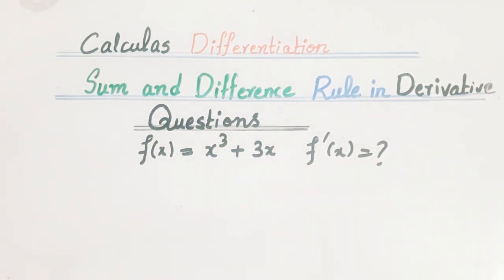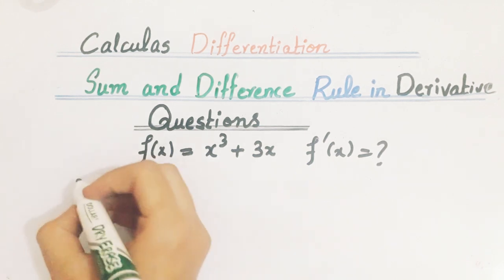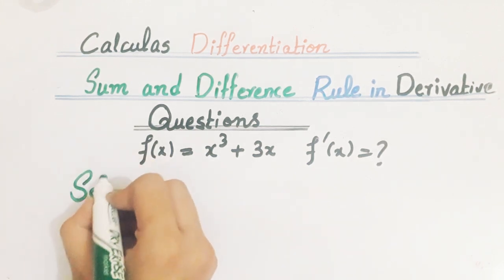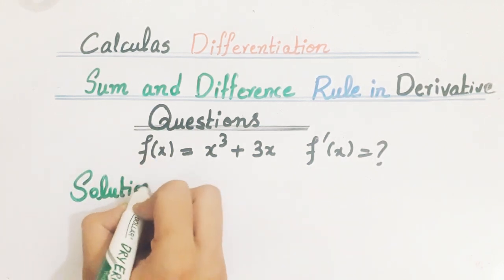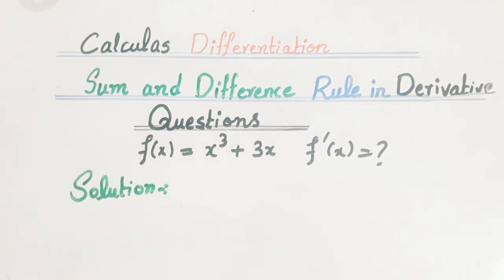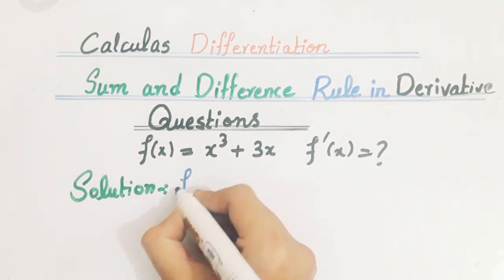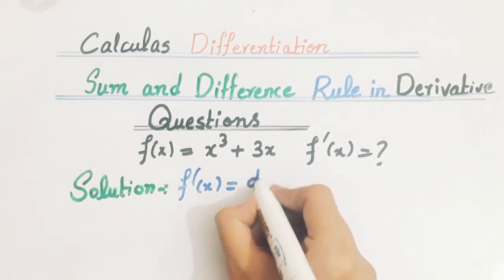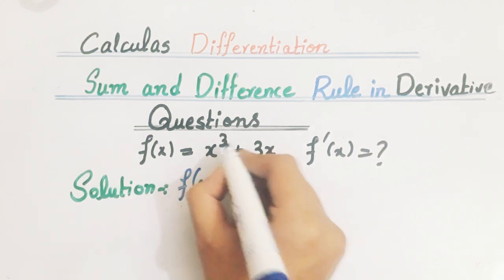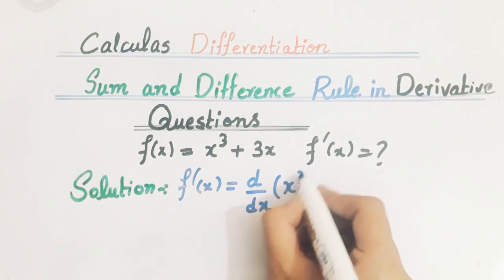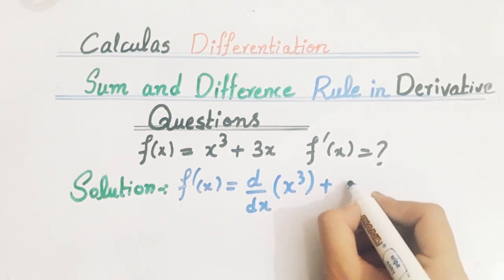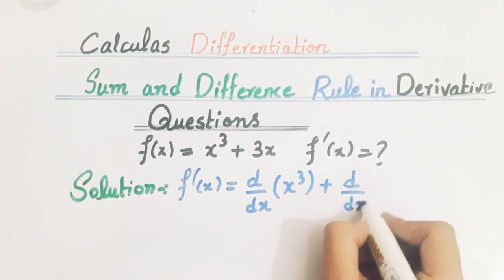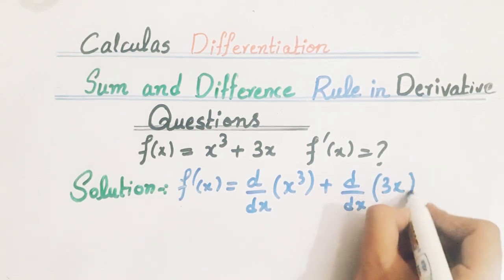So we will solve this as, first of all, f dash of x equals d by dx of x cube plus d by dx of 3x.